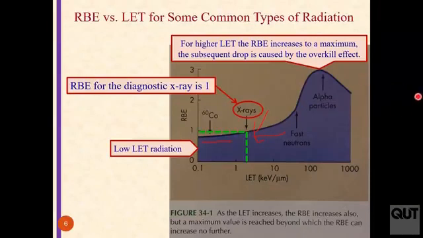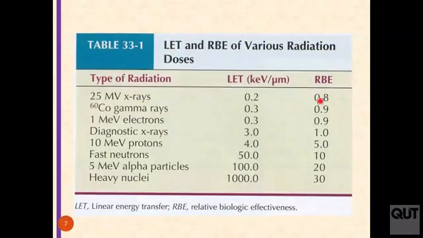Fast neutrons are around about here, and alpha particles are up here near the maximum, for the reasons that we went through last week. Here's a table of the different LET and RBE, a summary of them, and this feeds into ICRP recommendations.